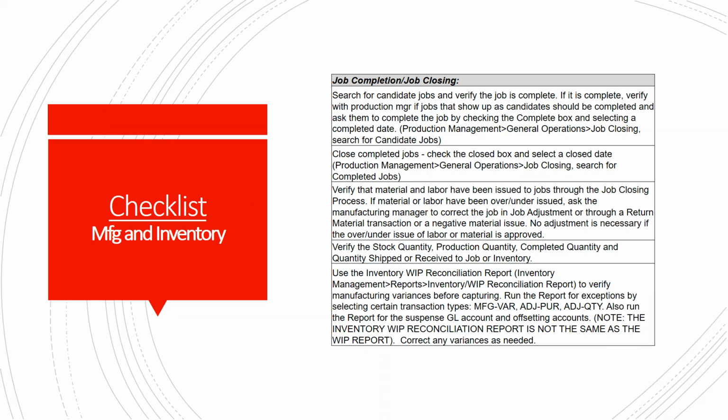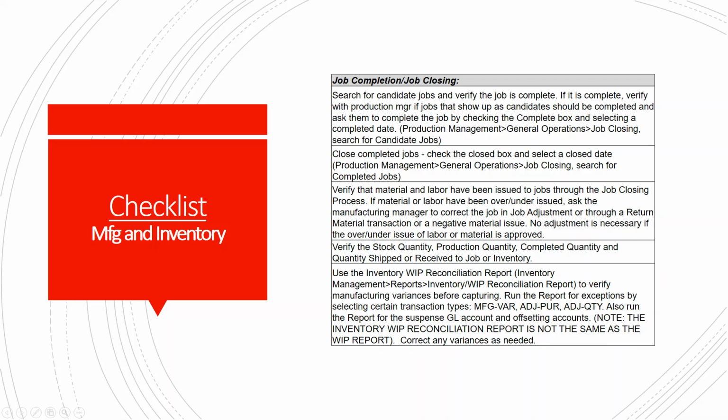We outlined the specific reports and areas in the system where you can look and verify any active open transactions that need to be closed out and completed, as well as verification reports to make sure that all manufacturing variances are being captured correctly before we post them. So I won't go through every single bullet point, but we will certainly provide this to you.